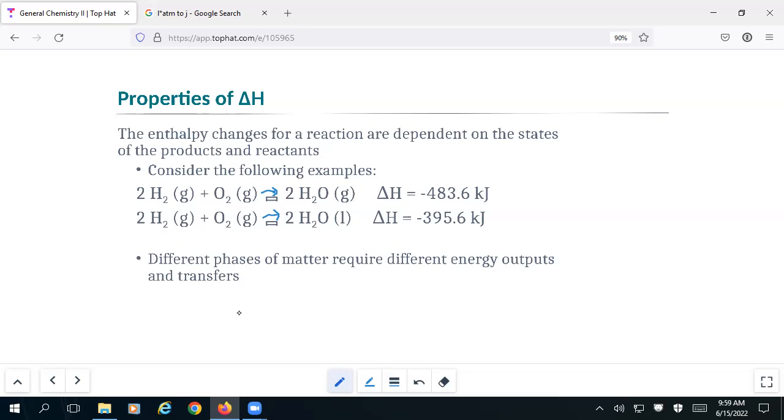The only difference is that the top one is forming water vapor and the bottom one's forming liquid water. But notice, to form the liquid water, you're not going to get nearly as much energy output, because some of that extra energy is going to have to go into whatever it takes to condense that vapor and make it a liquid.